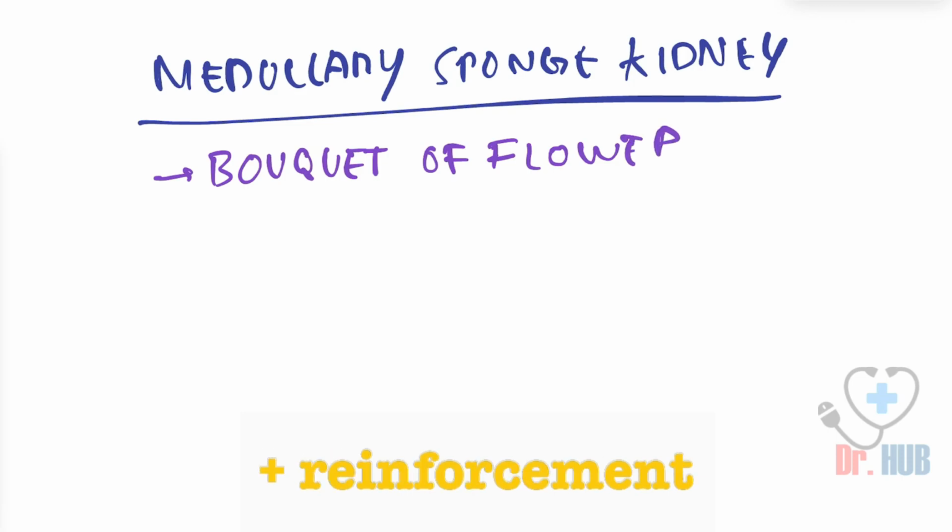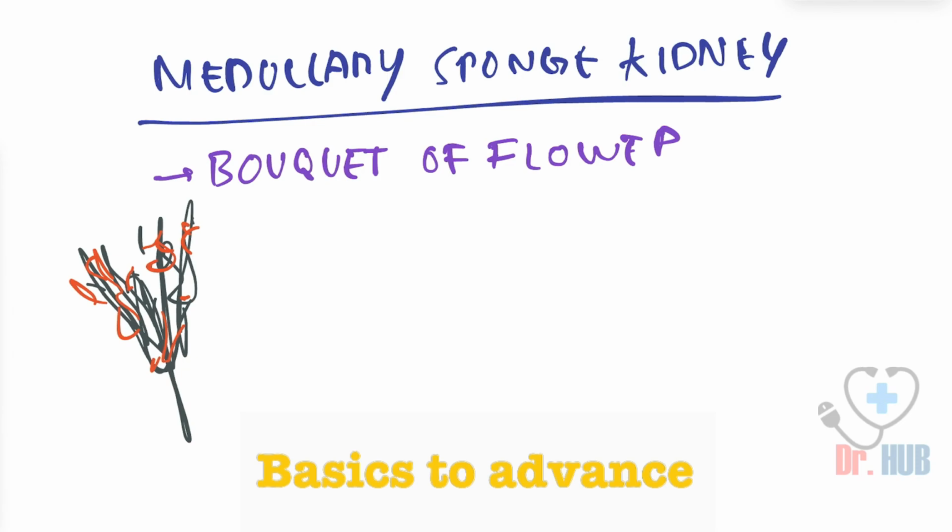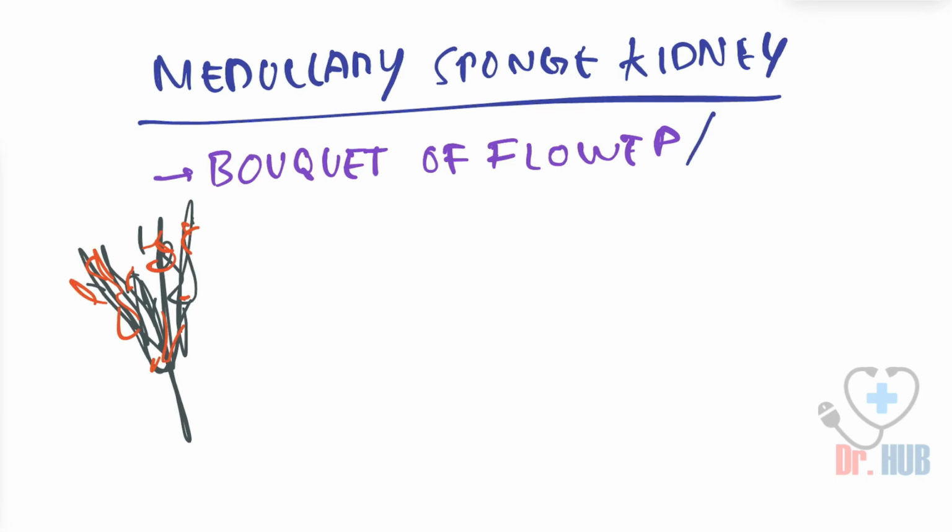When you look, it looks like this. Bouquet of flowers, right? There are some flower-like shapes. This is how it looks on IVU. It is also known as the paintbrush appearance.